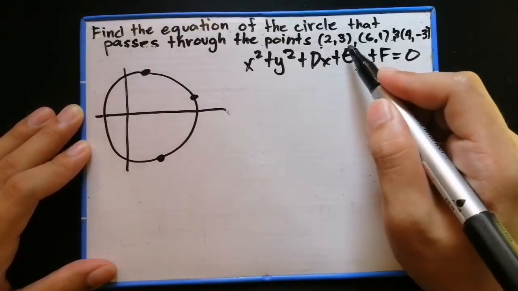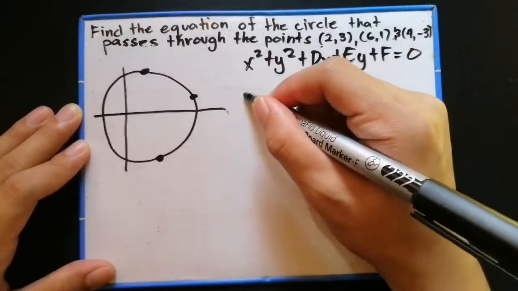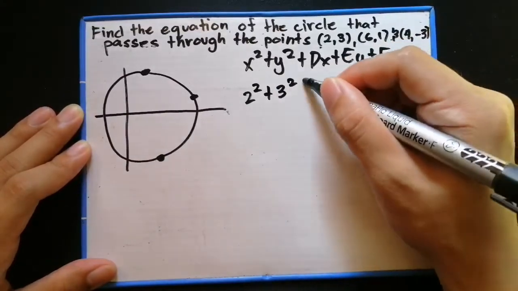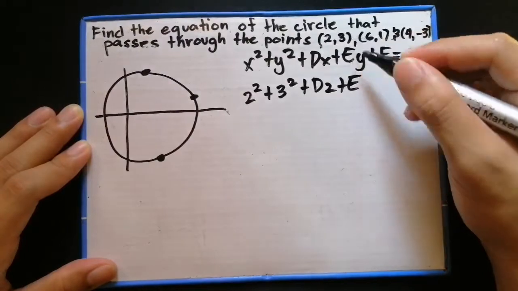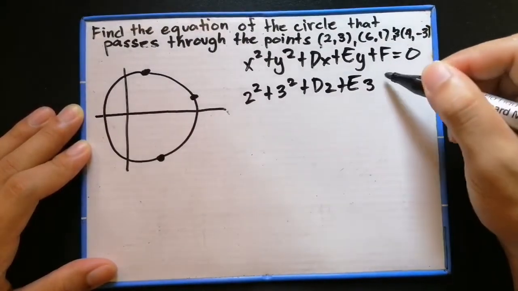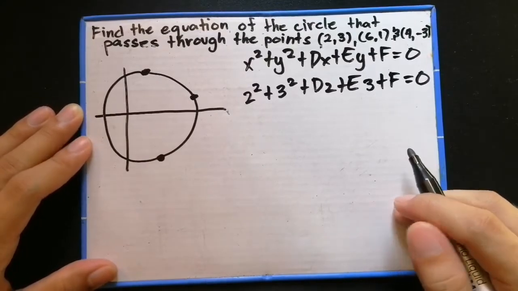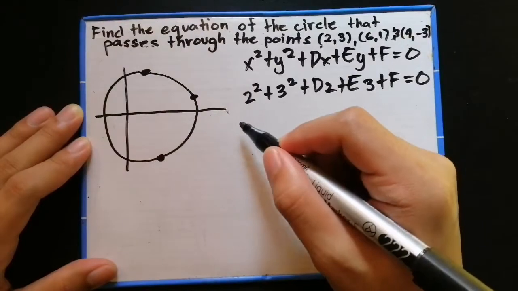So, for the first point, we have 2 as x and 3 as y. So, we have 2 squared plus 3 squared plus D(2) plus E(3) plus F is equal to 0. We apply this to all the points.